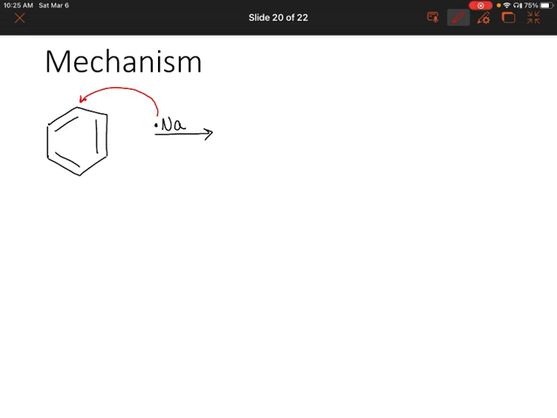So when that happens, we actually will cleave the double bond. And we form a new double bond on the side there. So this is kind of starting a chain reaction around the ring.